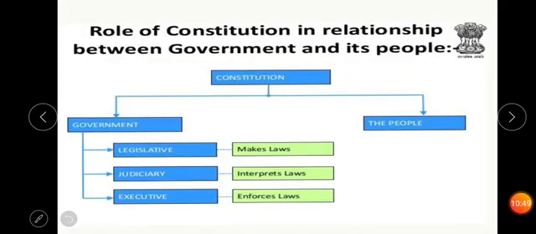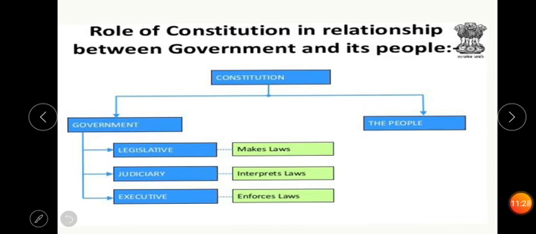Now, there is the Constitution. So, what is the relationship between the government and the people? Government is formed because of the representatives of the people, and the role of the Constitution in this relationship is that constitutions provide legal authority to the government, and rights, duties and the guiding principles of state policy to the people in written form.